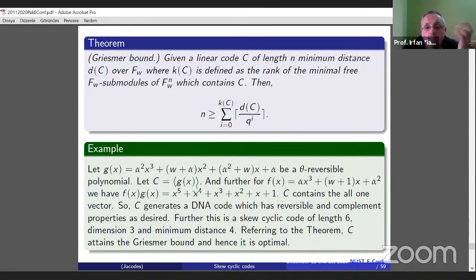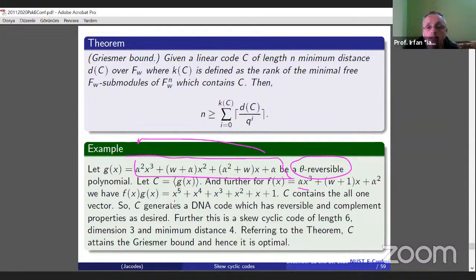Here I'm giving an example before I'm done. I think I'm already at one minute over, if I'm not mistaken. Okay, if you take this polynomial, this is a theta reversible polynomial. So you reverse it and you apply theta, and you get the same thing. That's what it means.